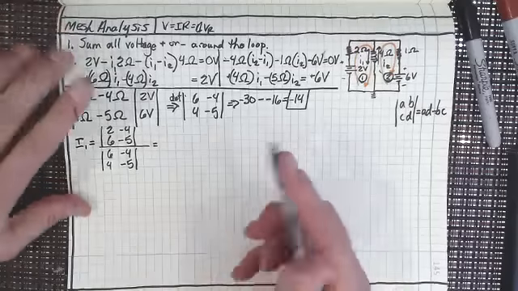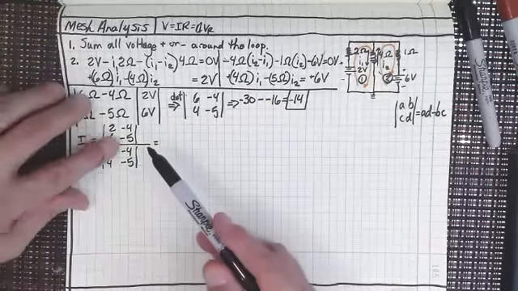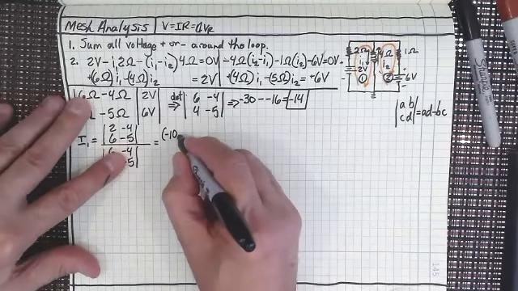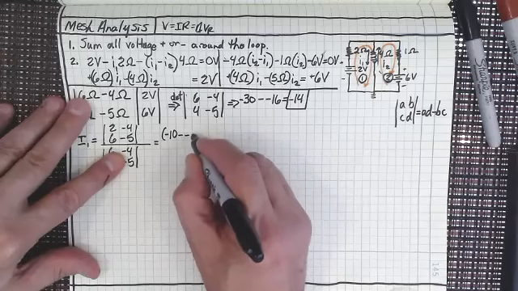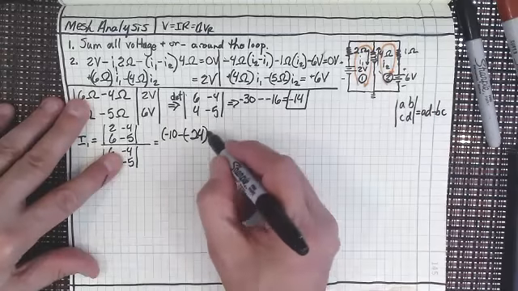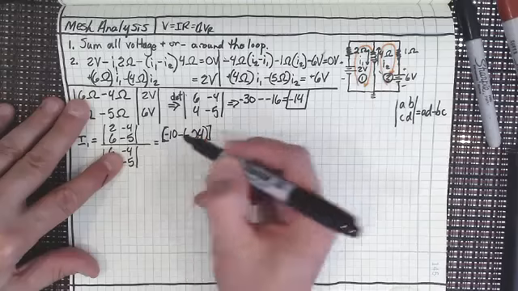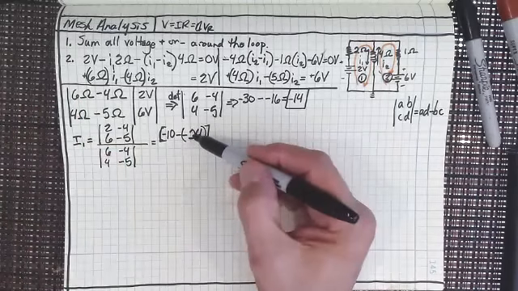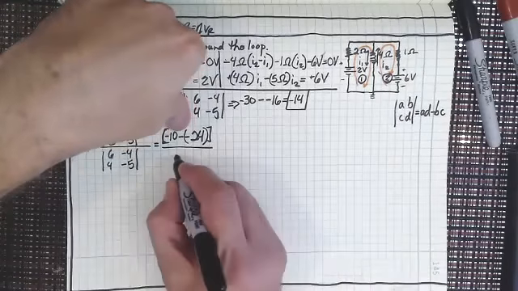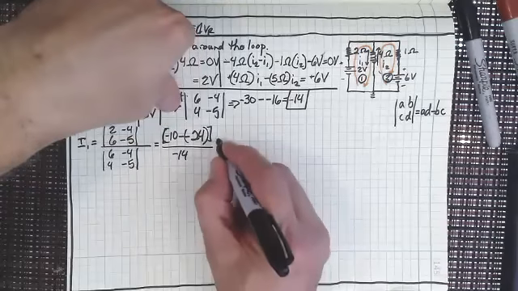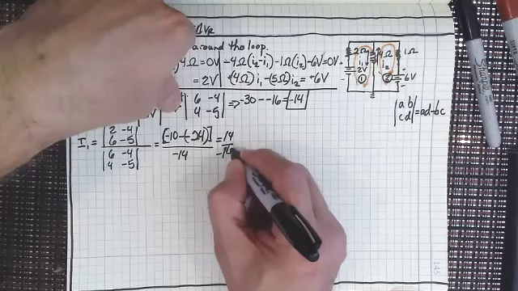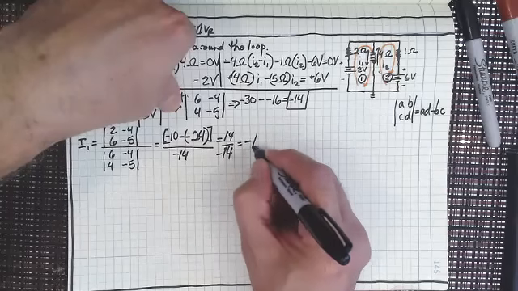We know the answer to that already, but let's do the top. I've got 2 times minus 5, which gives me minus 10, and then minus a minus 24. Does everyone see that? 6 times minus 4 is 24. I'll put brackets around there. So I've got 24 minus 10, or 14. And on the bottom, I have minus 14, right? So 14 over minus 14 gives me minus 1 amp.